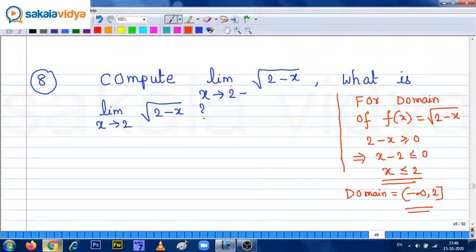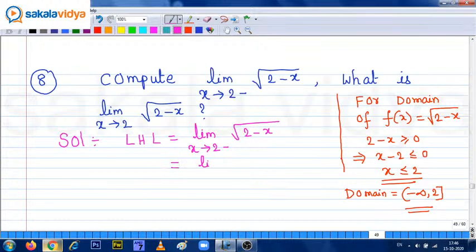So now first compute the left hand limit. Solution. This LHL is equal to limit x tends to 2 minus root of 2 minus x. So this equals limit x tends to 2 only, the same root of 2 minus x only.